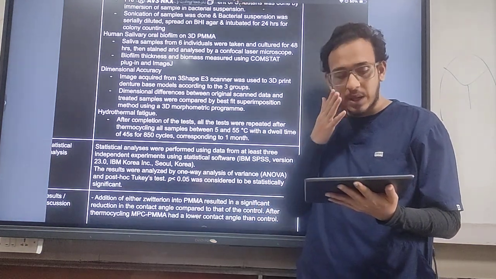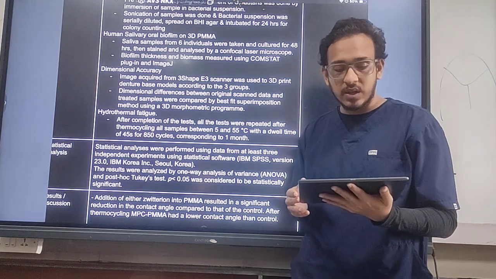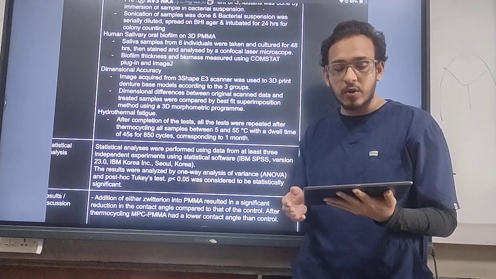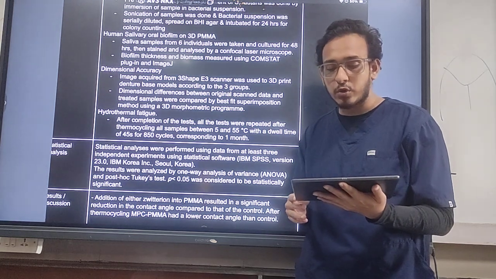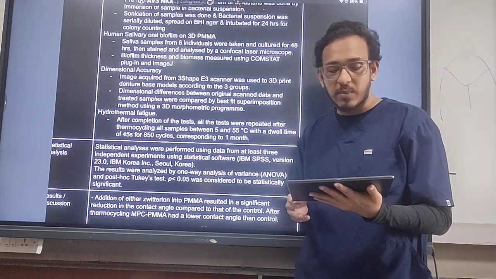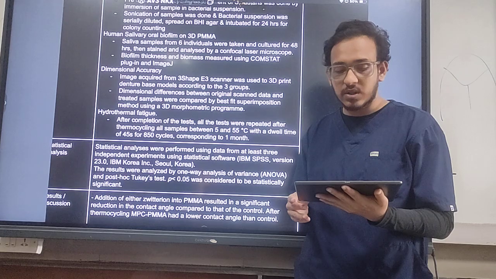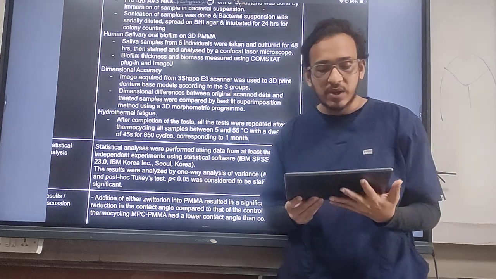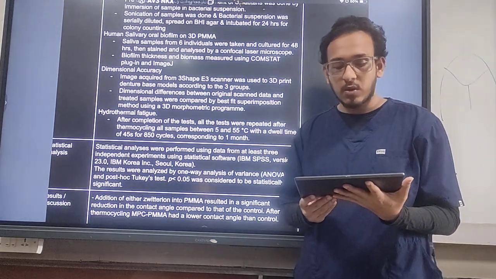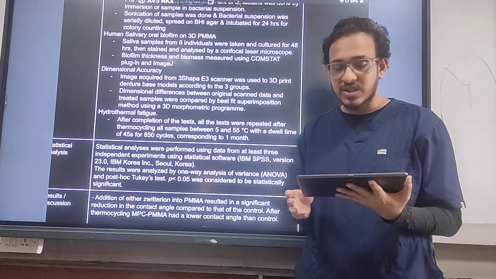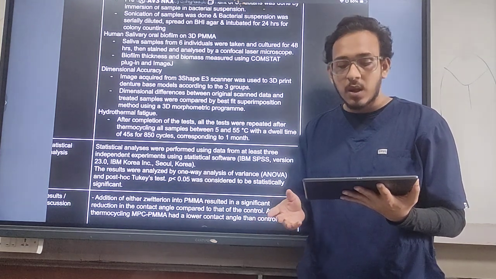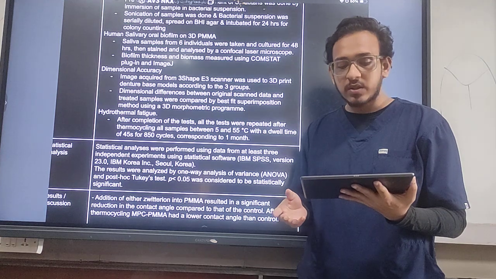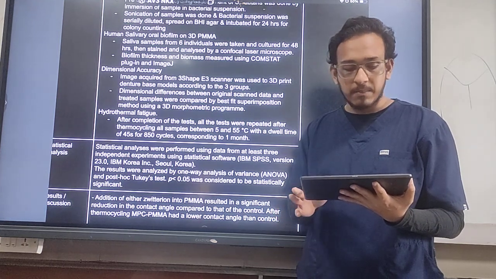Dimensional accuracy of PMMA: an image acquired from a Trios 3Shape E3 scanner was used to 3D print the denture based models according to the 3 groups. Dimensional differences between original scan data and treated samples were compared using a 3D morphometric program.